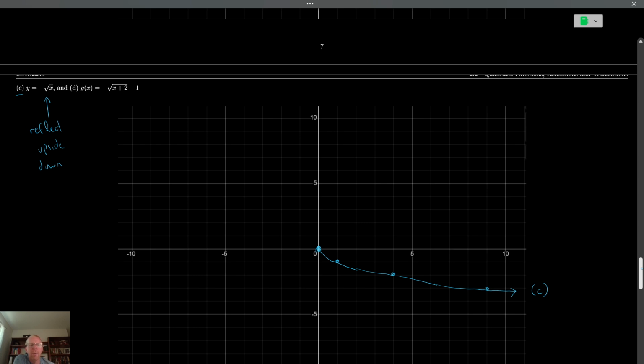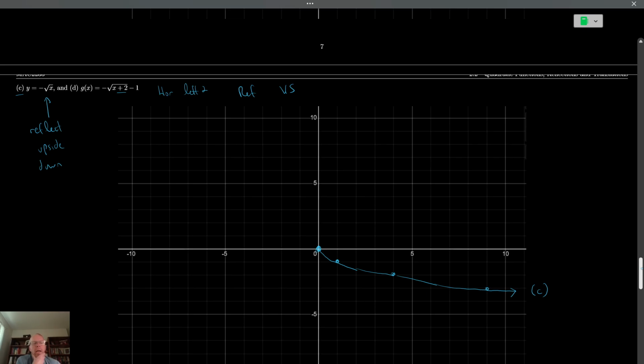Now what about this one? We're going to do the horizontal first, so that'll be left 2. Then we'll do the reflection, and then we'll do the vertical shift.